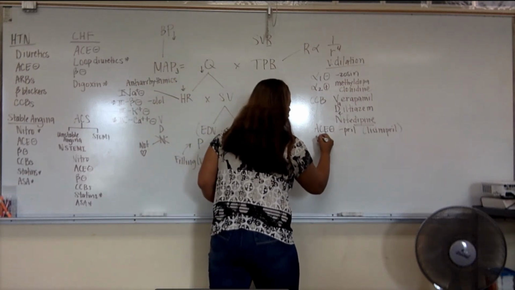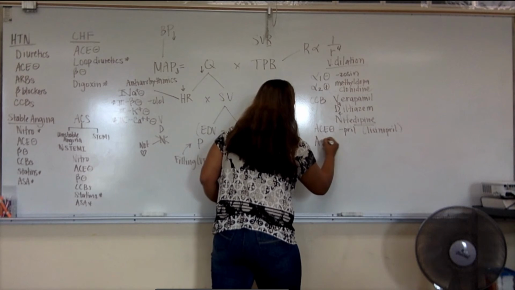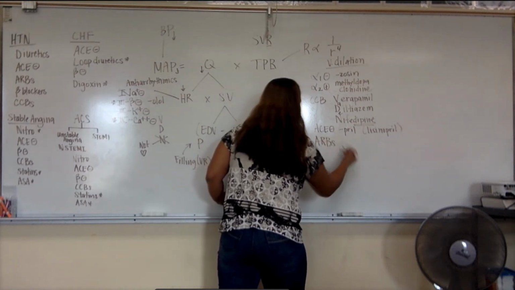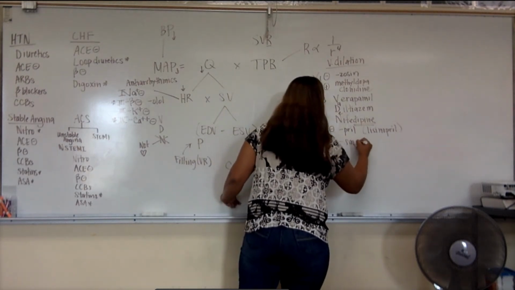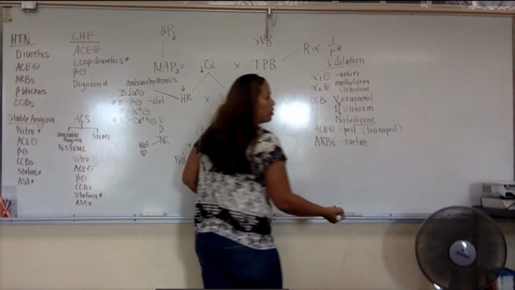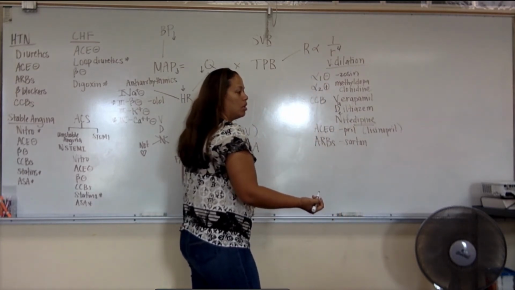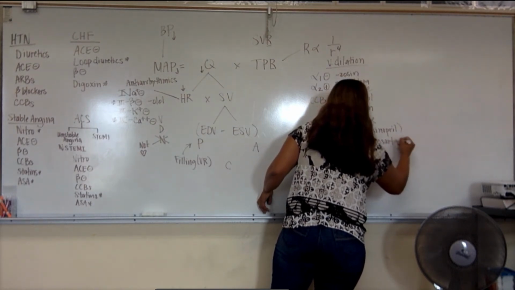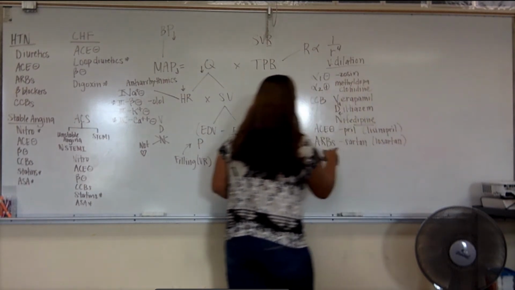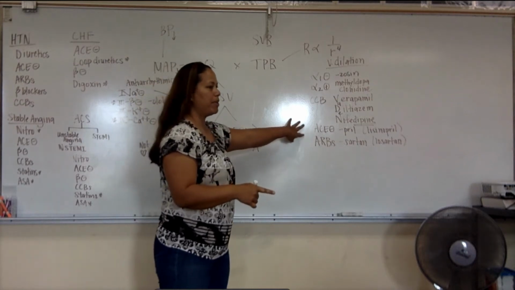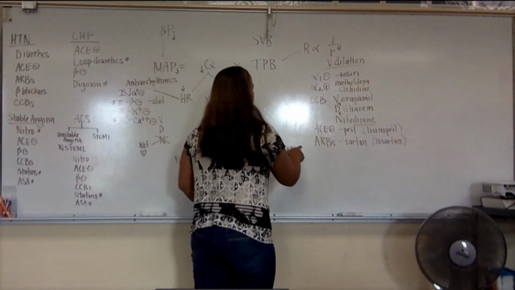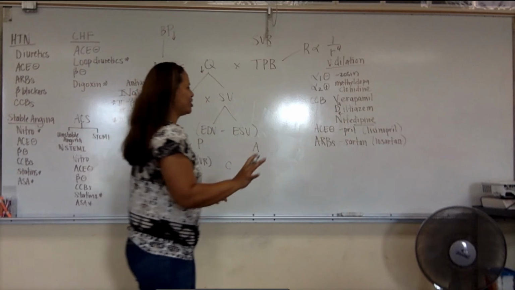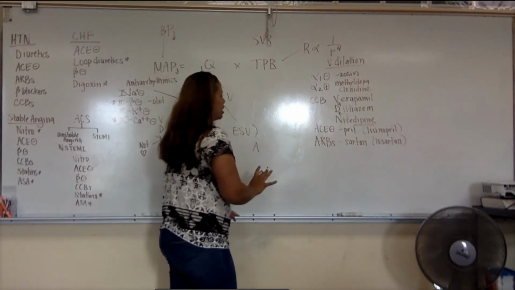And then what about the next one that you said earlier? ARBs. Sartan, right? And give me an example. Losartan, yeah. So we can say losartan. Losartan is an ARB. And what happens is these two, I'm not doing the pathway. The pathway would take me even longer to try and do this.